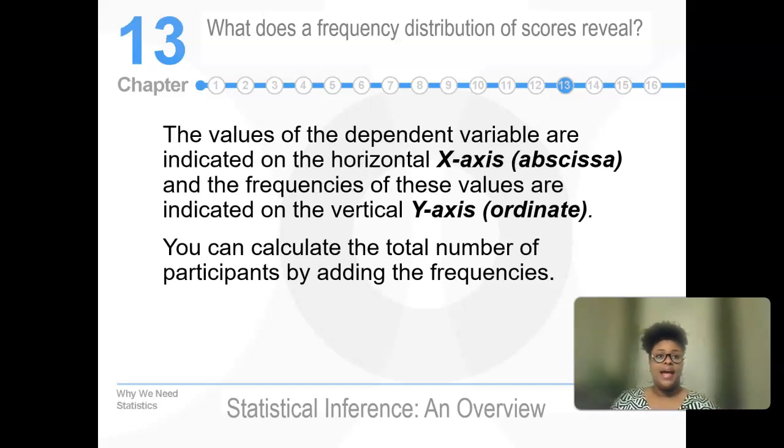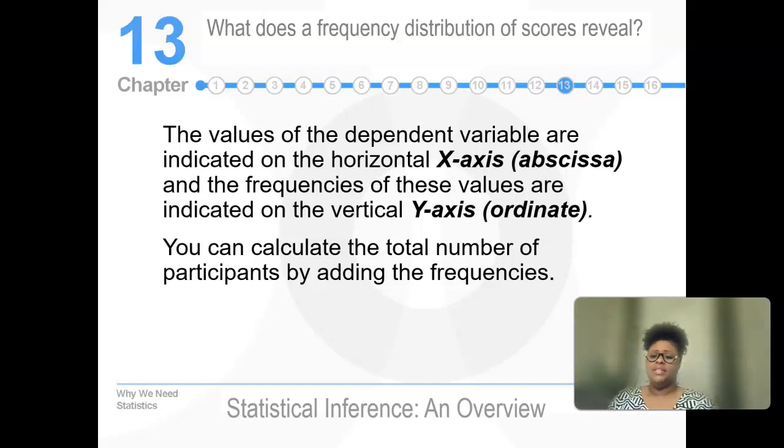So if I have 3, 4, 4, 4, 4, 8, then I have 4 that happened 4 times, and I may have 3 that happened 2 times, and I have 2 that happened 1 time. So that is the frequency scores across the distribution, how many times the score is shown.